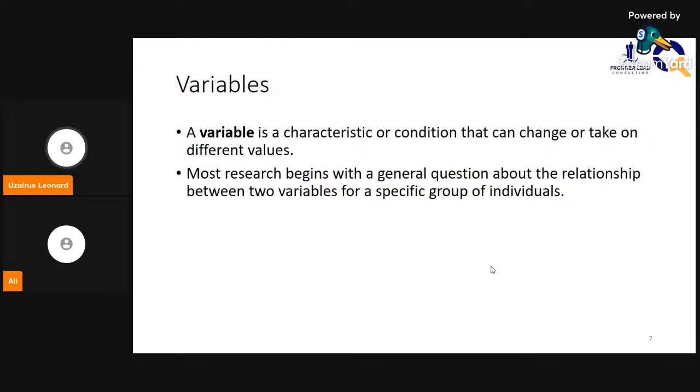Now, in most research, before you start, you need to determine what your variables are and the relationship between them. That is what is going to determine the kind of statistical test that you're going to apply to that particular study.